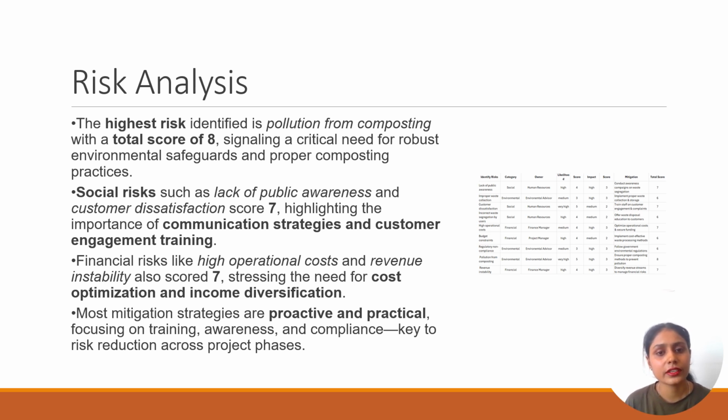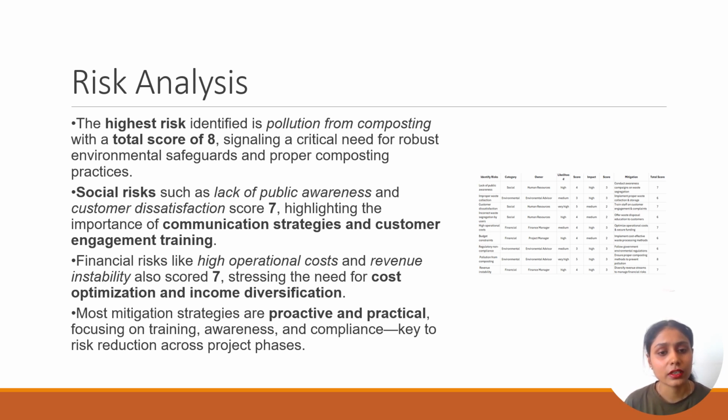The highest risk identified is pollution from composting with a total score of 8, signaling a critical need for robust environmental controls and proper composting practice. Social risks such as lack of public awareness and customer dissatisfaction score 7, highlighting the importance of communication strategies and customer engagement training.